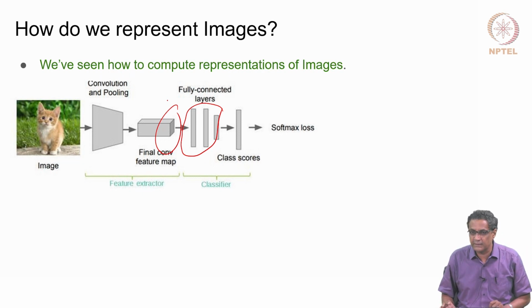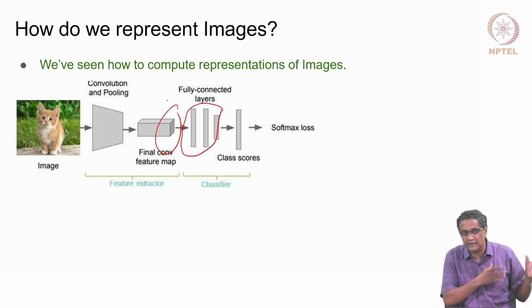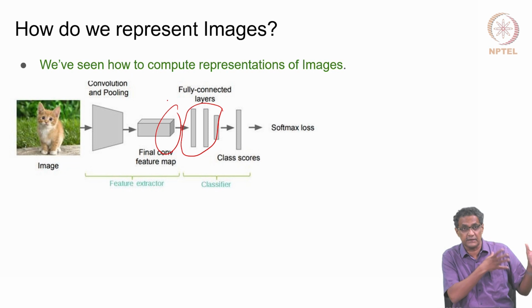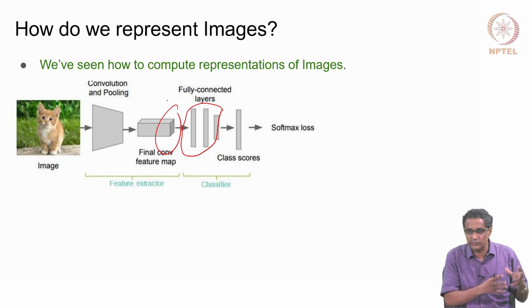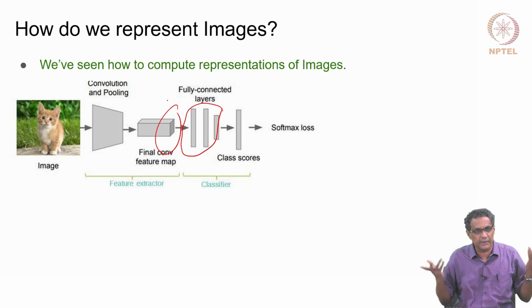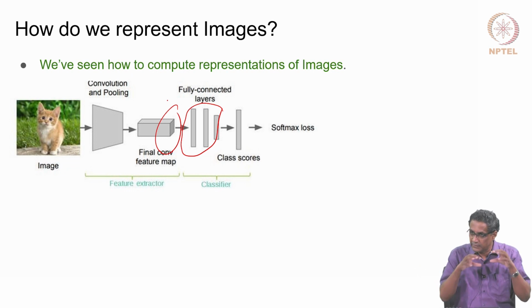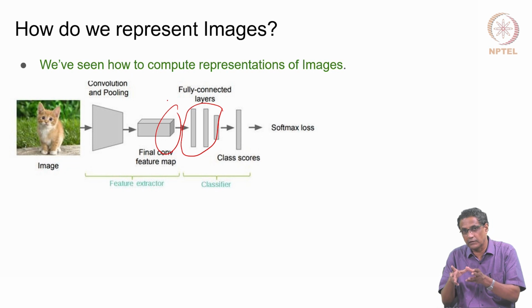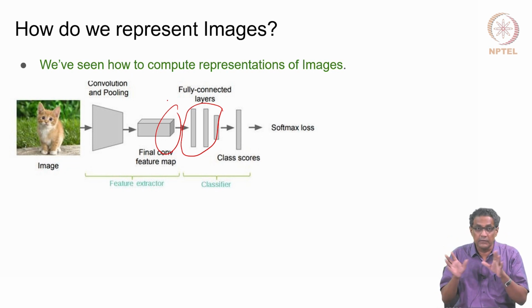What does it mean? When you are generating something, you want the network to look at that region, to pay attention to something, which means that the network should be able to go and locate something there. If you give a fully connected feature map, it cannot do that at all. That is why choosing a convolutional or a fully connected feature map depends upon whether you want attention or not.